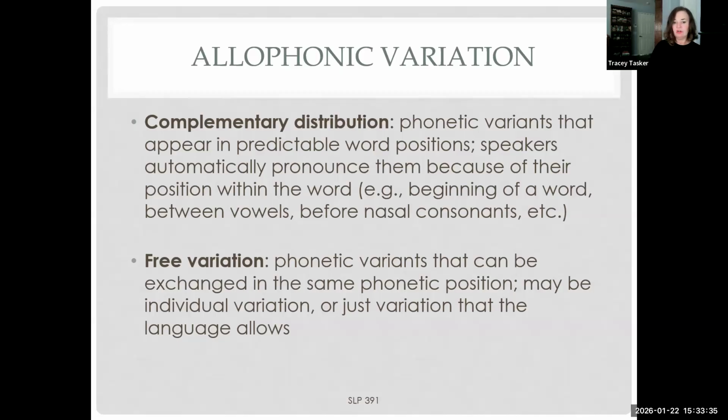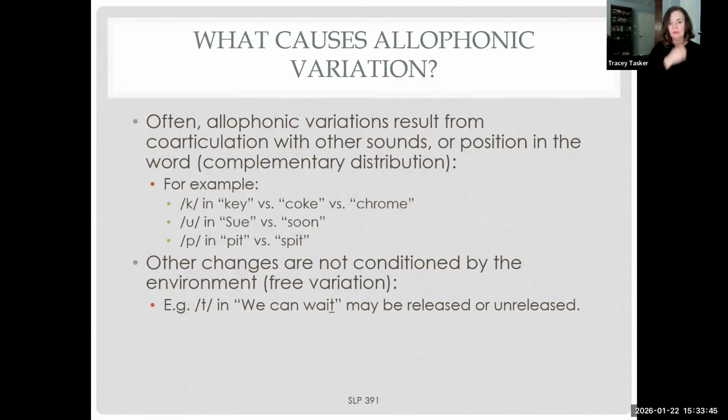Free variation is a little bit different because these can be just individual variability. Let me give you an example. Going to the second bullet point here, free variation is you can say something with different emphasis, but it still has the same meaning.